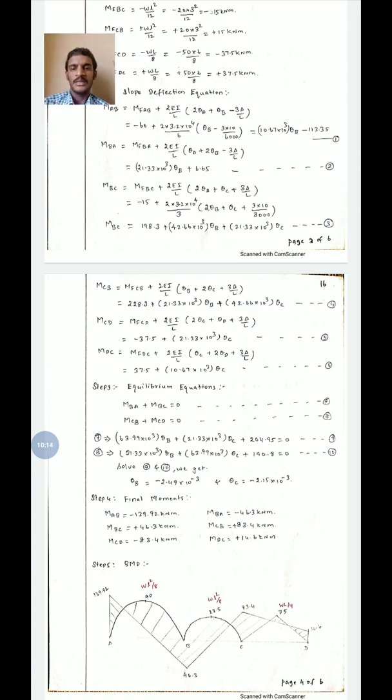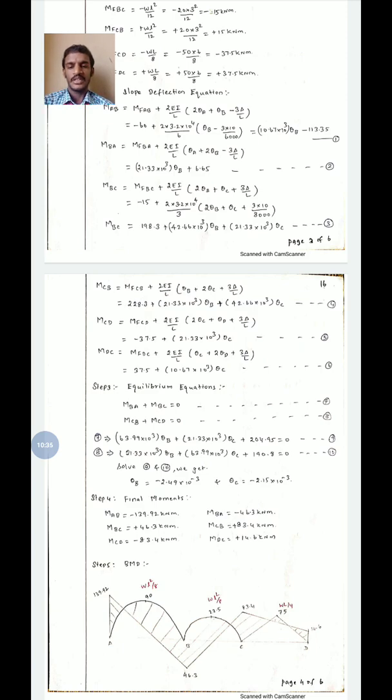Step 5, bending moment diagram. Before drawing the bending moment diagram, we have to finalize the maximum bending moment value. For the maximum bending moment calculation, in the AB portion and BC portion UDL load is acting. Therefore, the formula for the two portions is WL squared by 8.